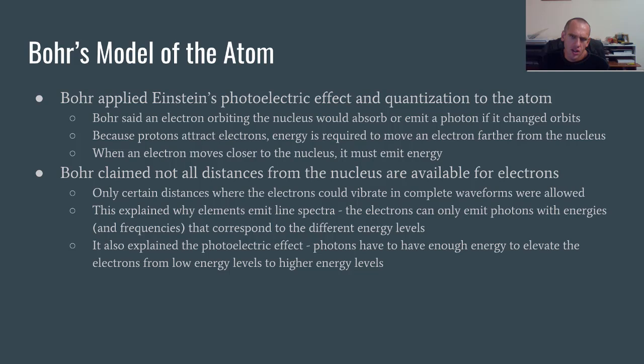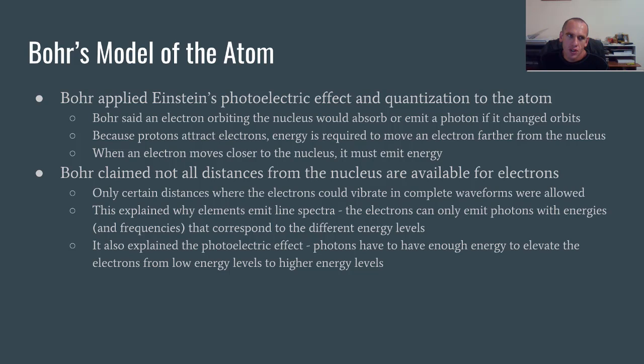An electron has to have work done to it, or energy put into it, to move it further from the nucleus. When it falls into a more stable state, it should emit energy, but it can't emit every energy, it can't emit every frequency, or we would get continuous spectra from every element.